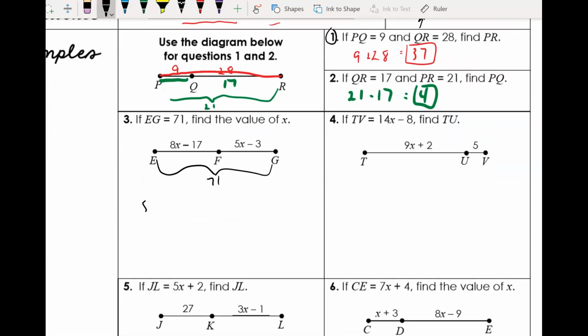So we're going to go 8x minus 17, that's this one, plus 5x minus 3, that's this one, equals the whole thing, which we just said is 71. Okay, got to solve the algebra. 8x plus 5x is 13x. Negative 17 minus 3 is minus 20, and that equals 71. Add 20 to both sides.